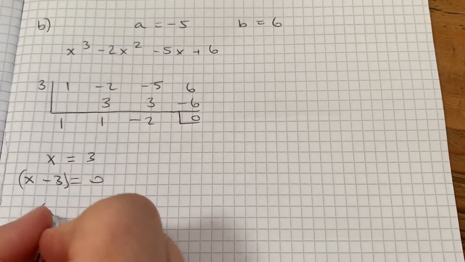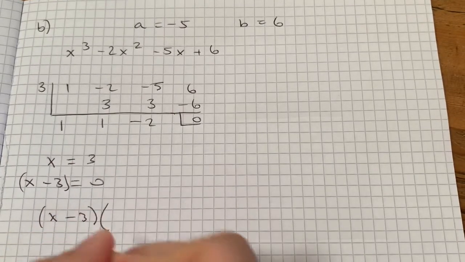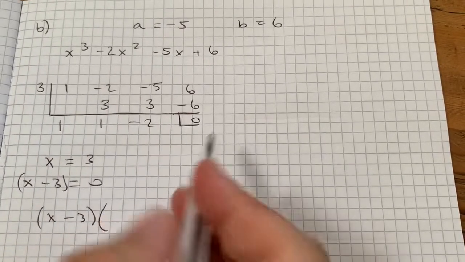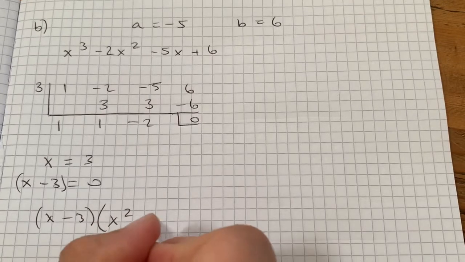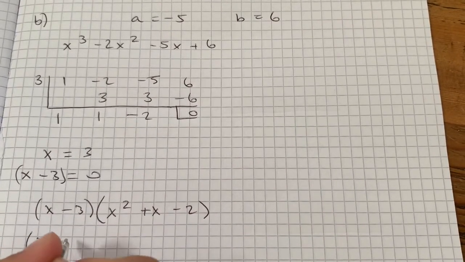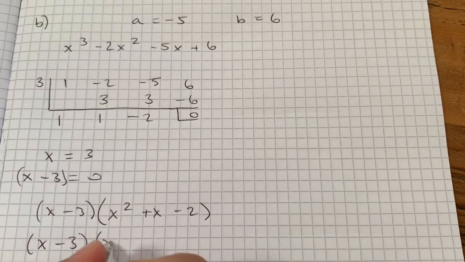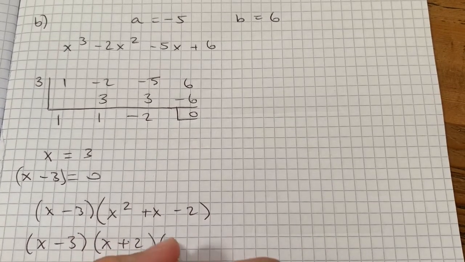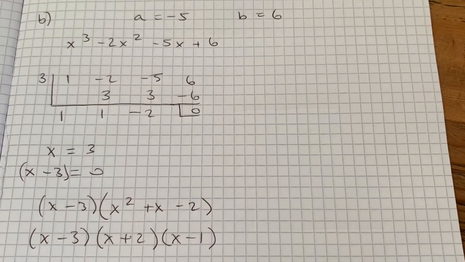That's your first bracket. You get your second bracket from your quotient, where you've got x squared plus x minus 2, and then that is x minus 3, x plus 2, x minus 1 for the answer.